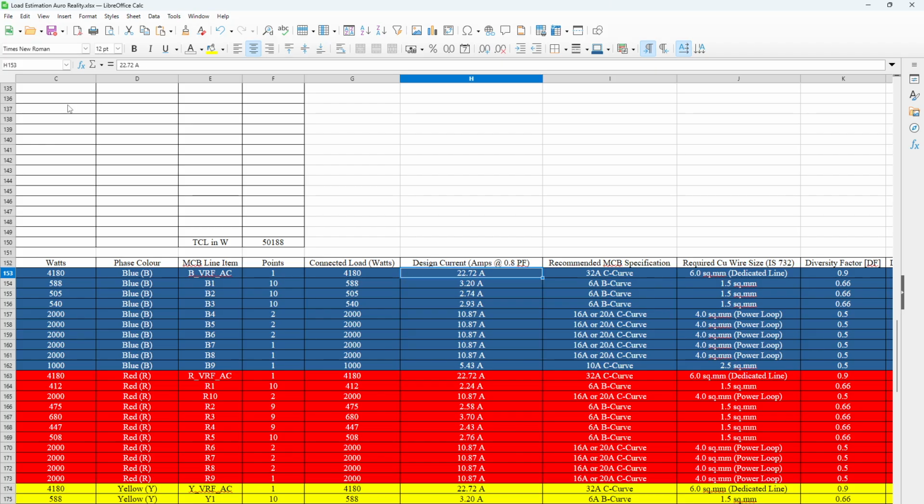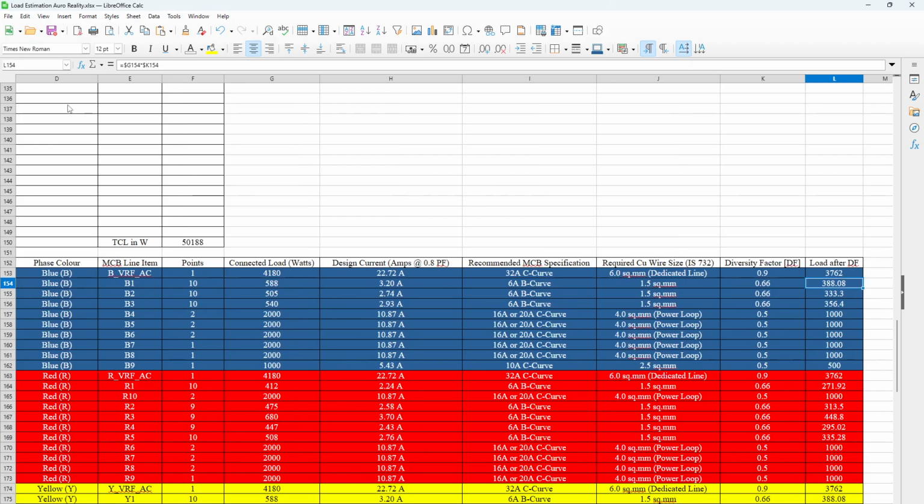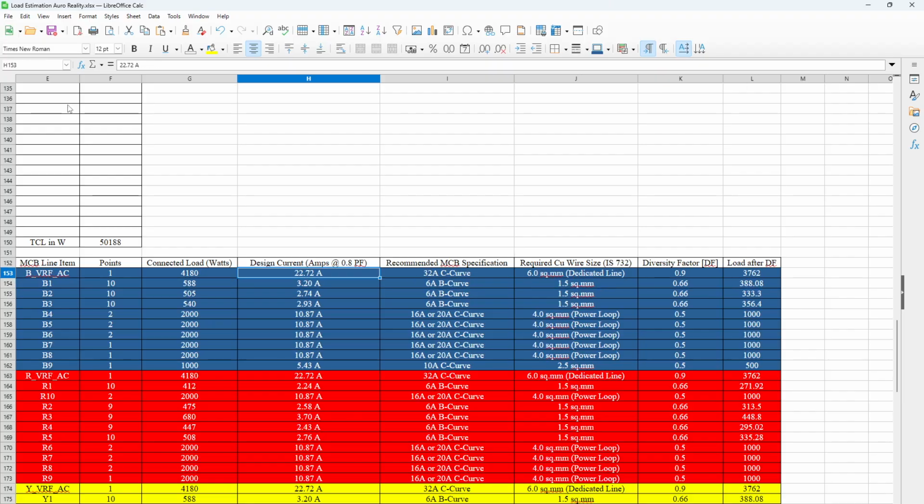It might draw current that is less than or equal to this under normal operation. If there is any abnormality, then it will go above. That is again the domain of electrical engineering.